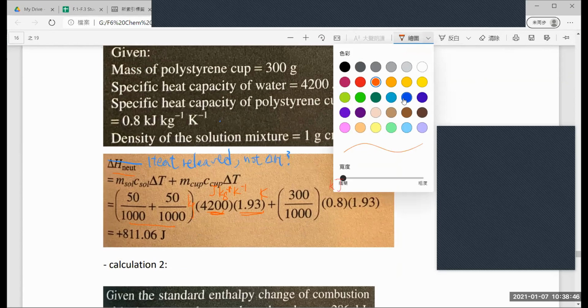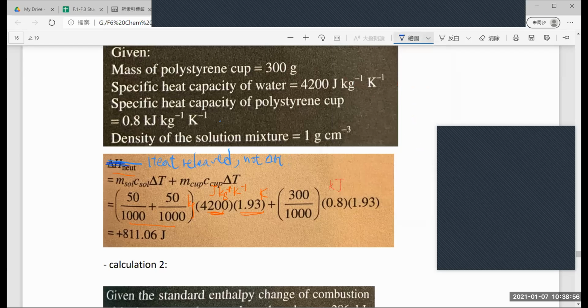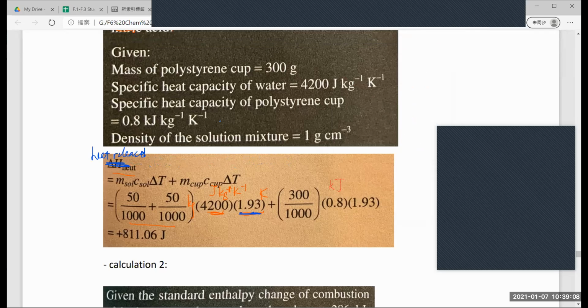Better. Now somebody, you just circle the delta H of neutralization. The whole procedure is not calculating the delta H of neutralization. Instead, it is heat released. So heat released, heat is given out. So that's why I've got the positive number. If I just say that release, they will give you the direction of heat transfer already.